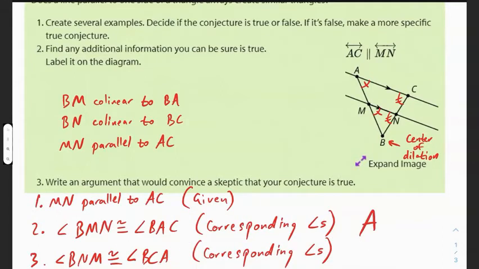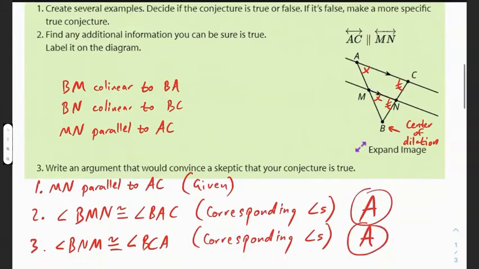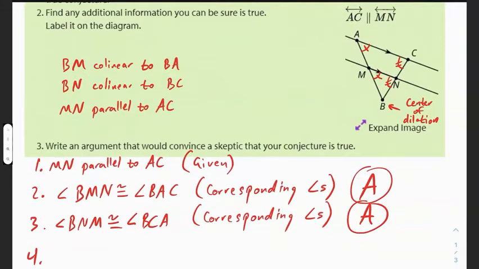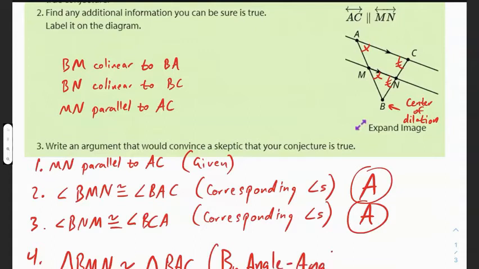So that's a pair of angles, that's a pair of angles. So we could definitely say those two triangles, triangle BMN, is definitely similar to triangle BAC by, again, angle-angle triangle similarity.